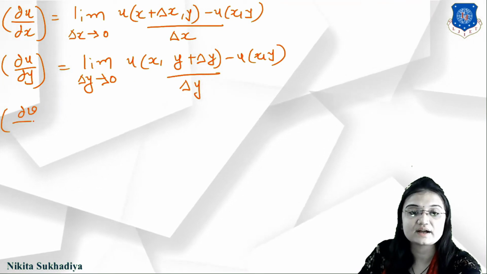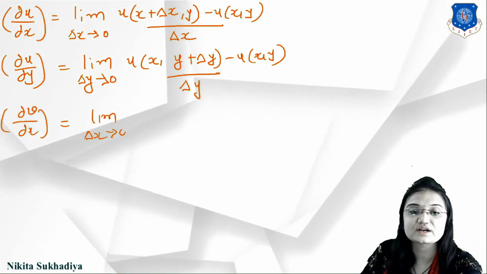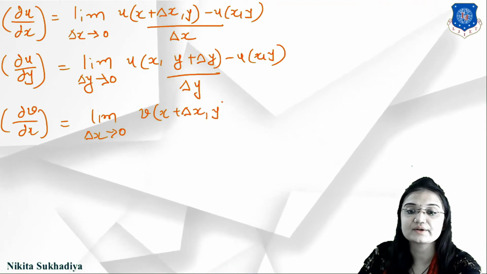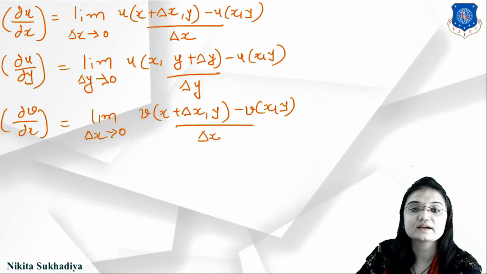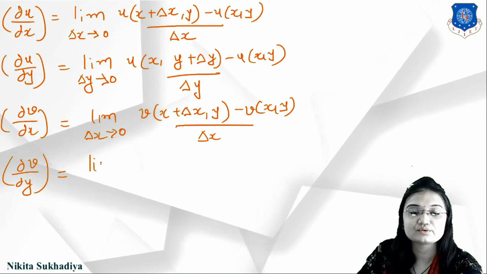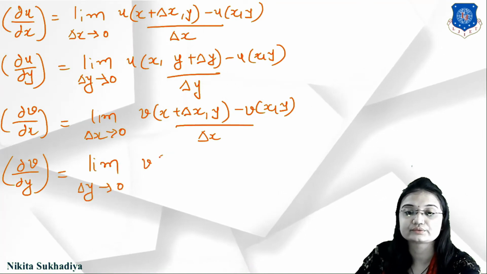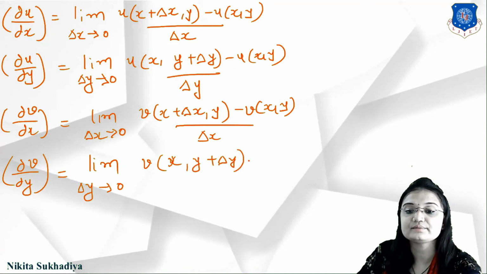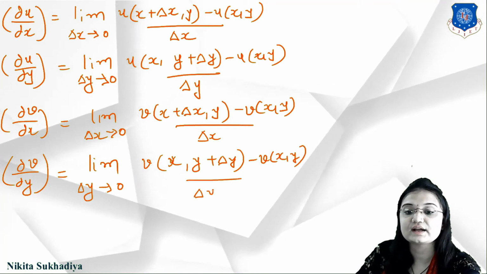Then del v by del x is equal to limit delta x tends to 0 of v of x plus delta x, y minus v of x y, upon delta x, and del v by del y is equal to limit delta y tends to 0 of v of x, y plus delta y minus v of x y, upon delta y.